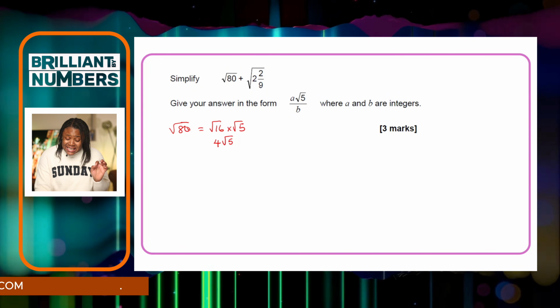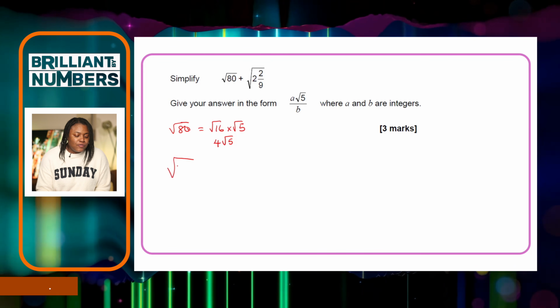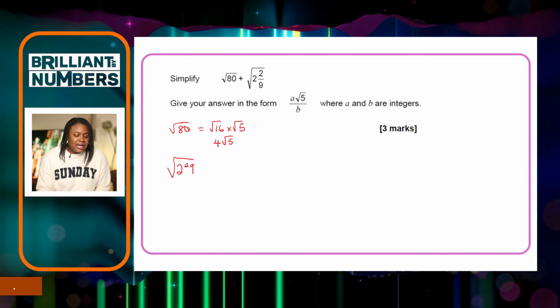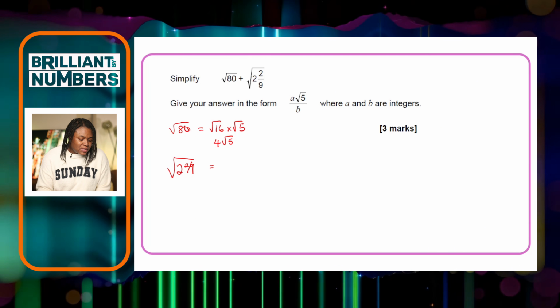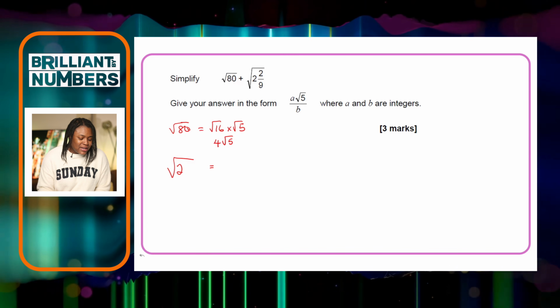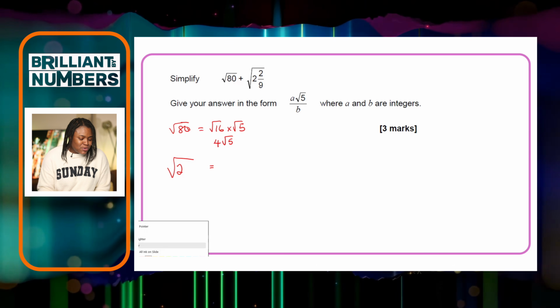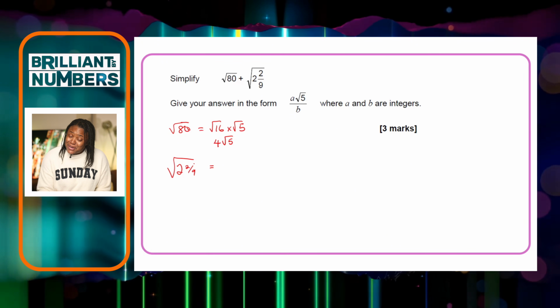Beautiful. Now we're going to simplify the square root of 2 and 2 ninths. Okay, let me just fix this, guys. I like when my writing is really clear, so no one gets confused here. So I need a smaller 2 here. So 2 and 2 ninths. There we go.